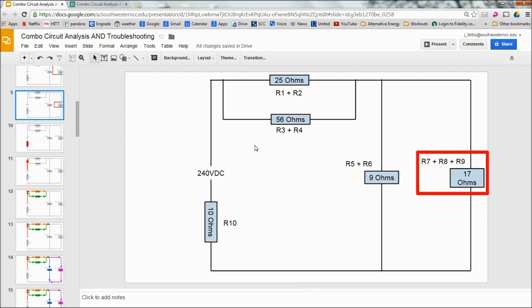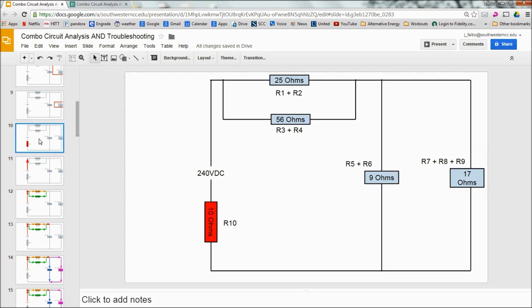Now, how do we identify the branches? Well, let's look at current flow. And by the way, the 10 ohm there, we don't do anything with that because it's all by itself. Right now, we cannot do anything with the 10 ohm. And identifying current flow will help with this. So with the red arrow here, current flow comes up and it gets to this branch.